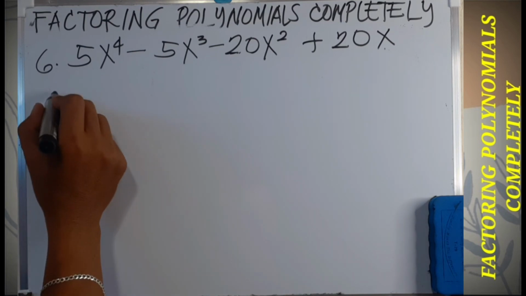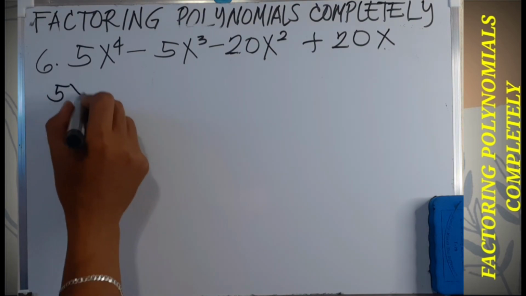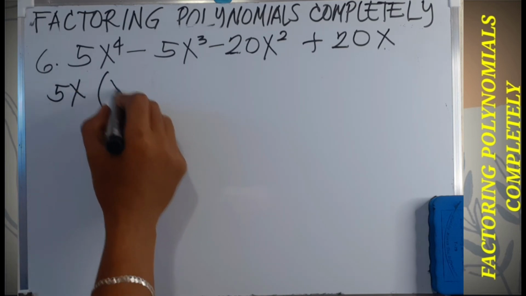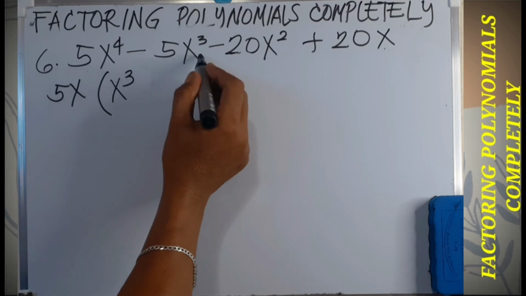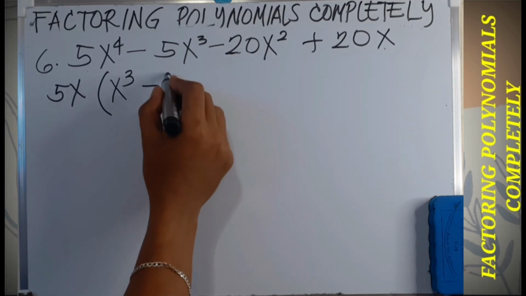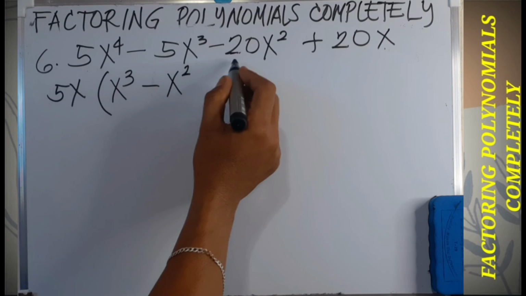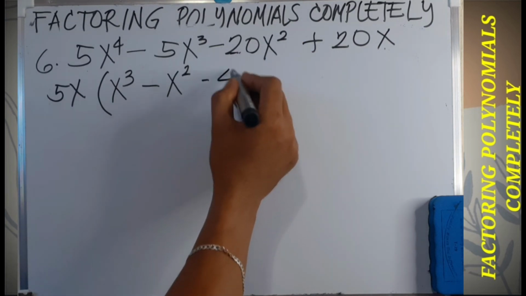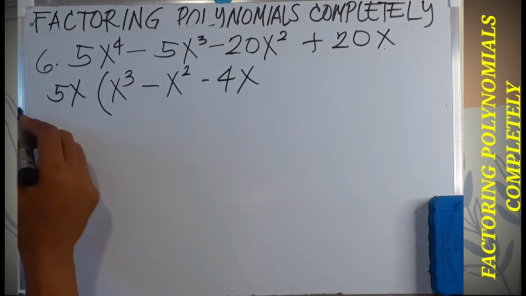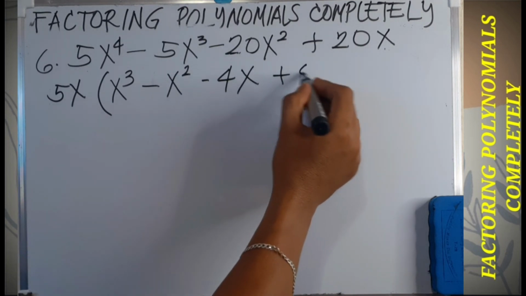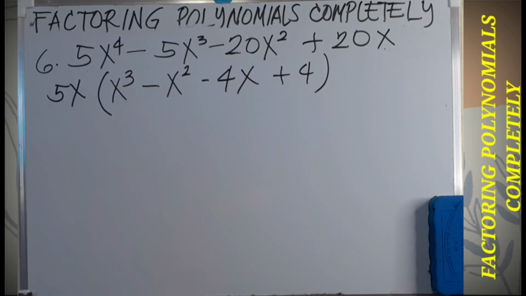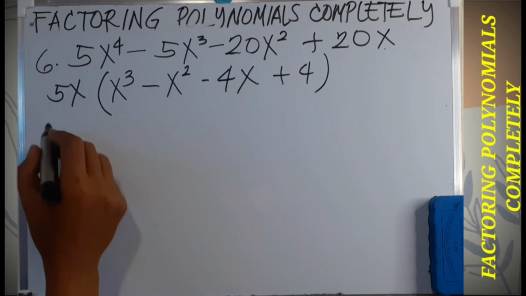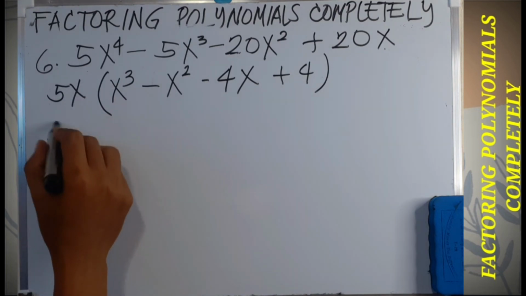So therefore, 5x is our common. 5x to the 4th divided by 5x is x cubed. 5x cubed divided by 5x is x squared. 20x squared divided by 5x is minus 4x. 20x divided by 5x is plus 4. Okay. Next, this is 4 terms, so we can still factor them by grouping.